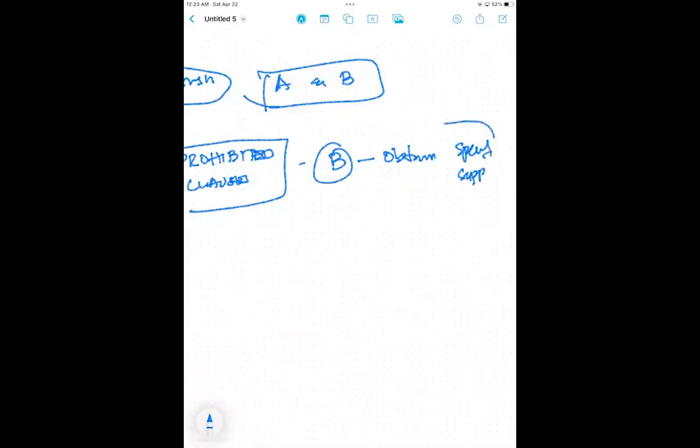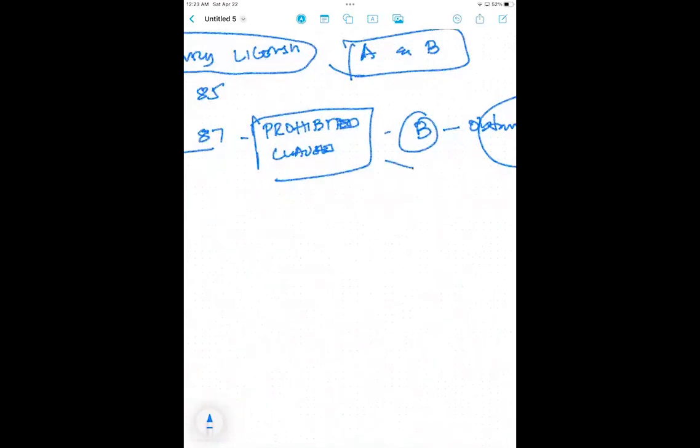Kasi nga, another monopoly na naman ang mangyayari dito. So that is actually the purpose of Section 87. It avoids or contains restrictions, para sa competition.